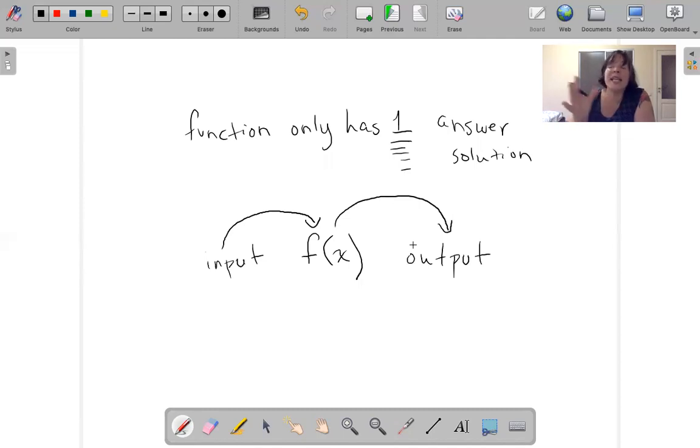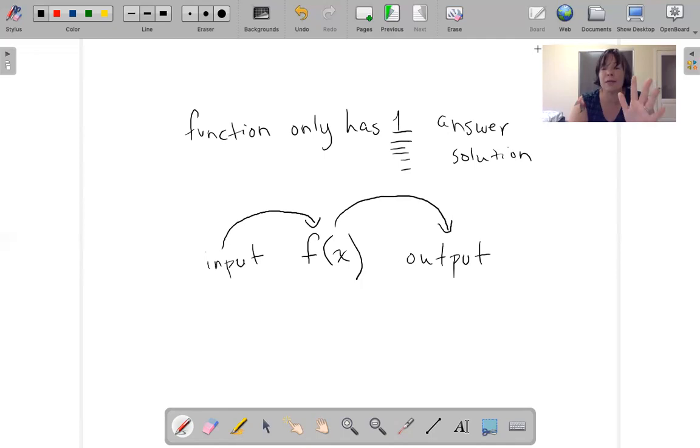If it is possible at all for you to get two answers or more than two answers, it is not a function. It's not that you did your math wrong. You may have done everything correct on your math, but it's not a function.